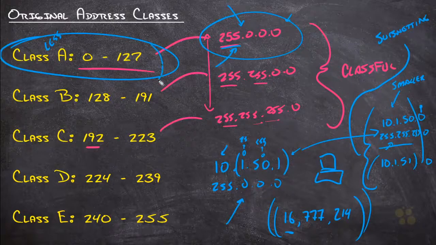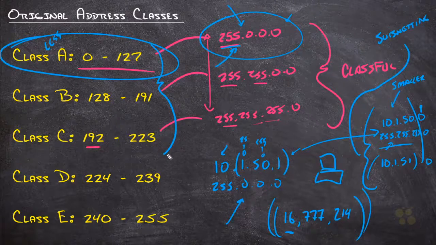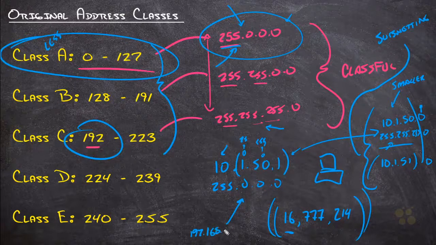But it all starts with adhering to the original class of address. I cannot, at least if I want to have a good conscience about me and have a network that is compliant in any way to any kind of standard, go backwards from the original design. As in, I'm not going to go in and say, well, 192.168.1 was originally a class C address, but I'm going to back up.